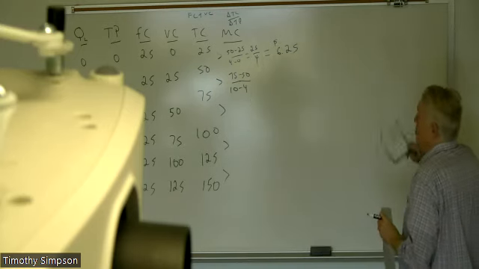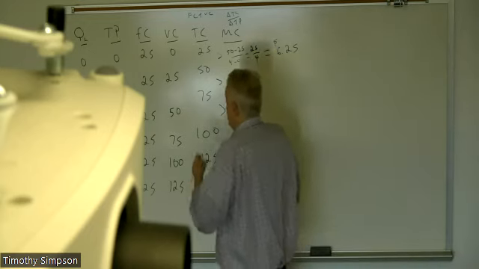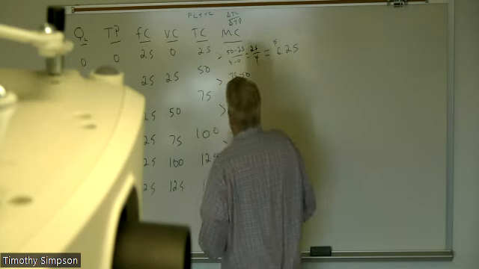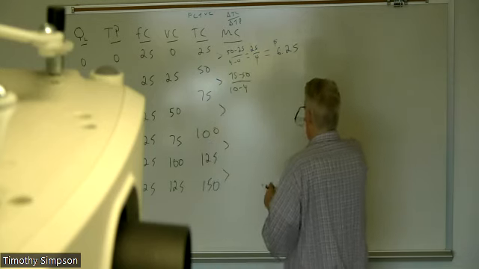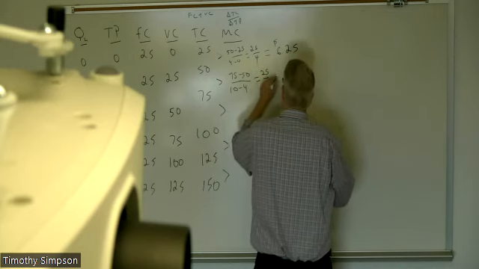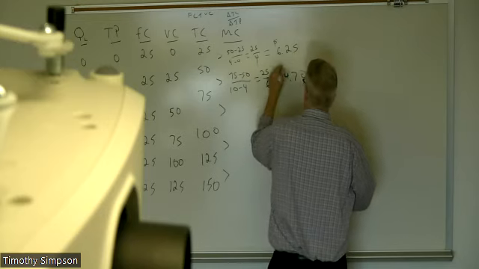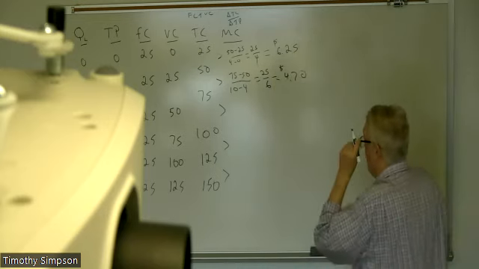Remember that all these delta symbols are simply new minus old. So this is now the new total cost, 75, not 50. This is the new output, 10, not 4. And so now you end up with 25 over 6, which is 4.70. Okay? Well, notice marginal cost is falling.